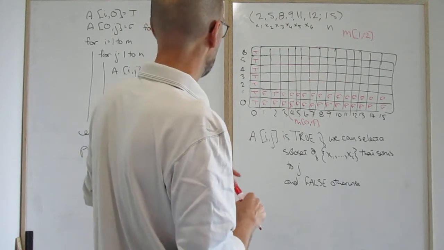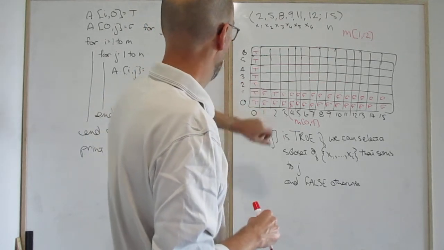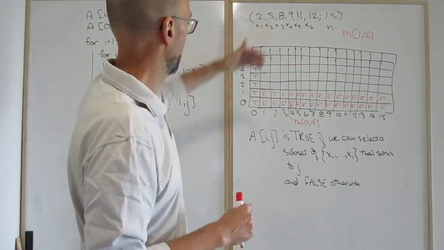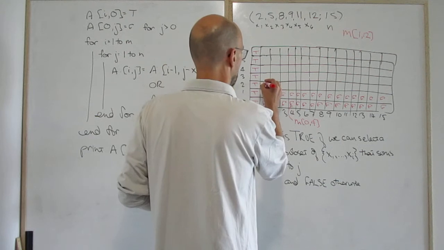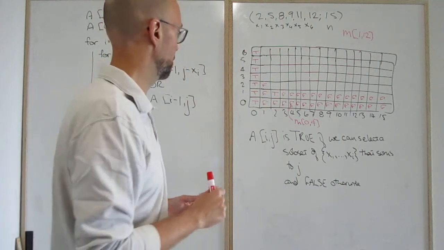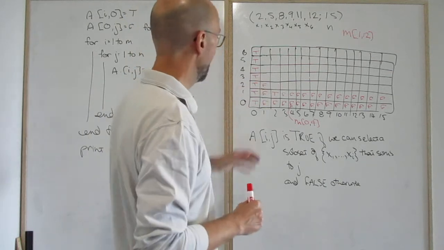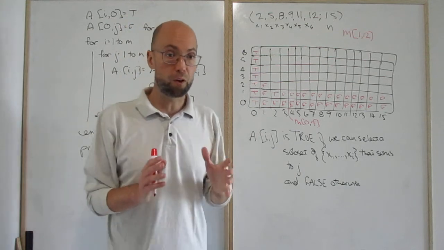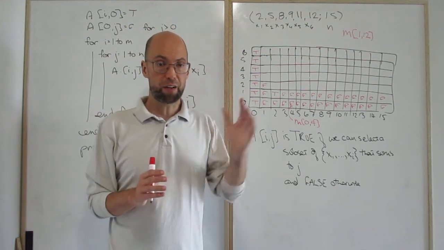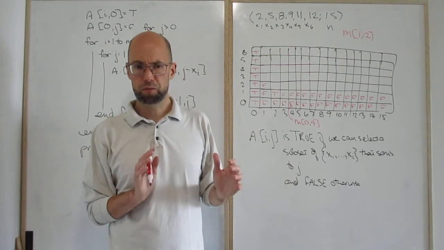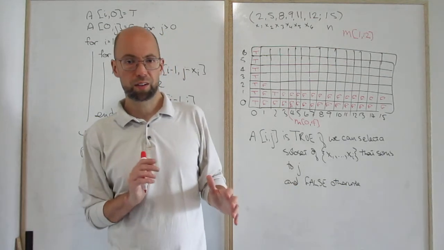Okay? So now, can we get a sum of 1 from x1 or x2? No. Okay. I'm just filling this in quickly so that people can have a demonstration, because otherwise we're going to run out of time. Can we get sum exactly 2 from a subset of x1, x2? This is getting a little bit harder.